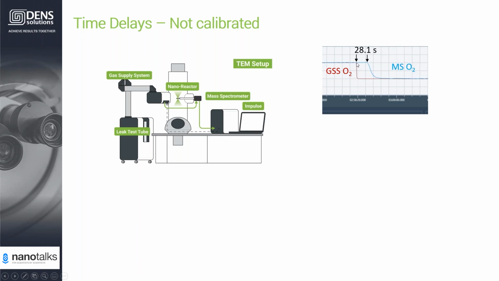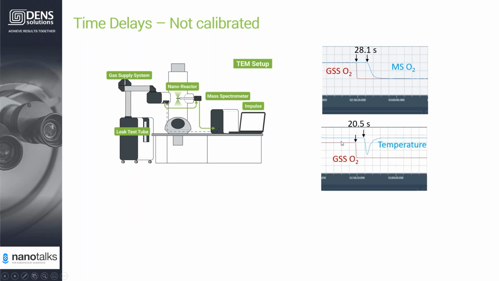At this time, you don't really see any changes in the mass spectrometer. Only after about 28 seconds will you start to see some changes in the mass spectrometer. And if you correlate this with what happens inside the TEM, you will see that after about 20 seconds, the TEM part starts to have a reaction.